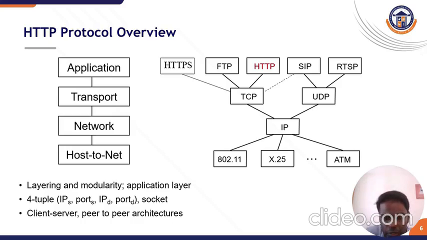We have a number of protocols like Internet Protocol, TCP and UDP. Over TCP we have three common ones: HTTPS, FTP and HTTP, and SIP and RTSP for UDP. So HTTPS is Hypertext Transfer Protocol Secure, FTP is File Transfer Protocol, and HTTP is Hypertext Transfer Protocol.